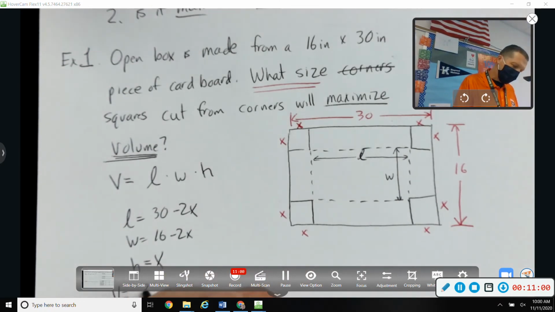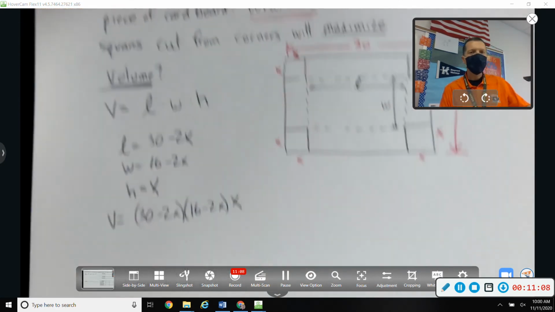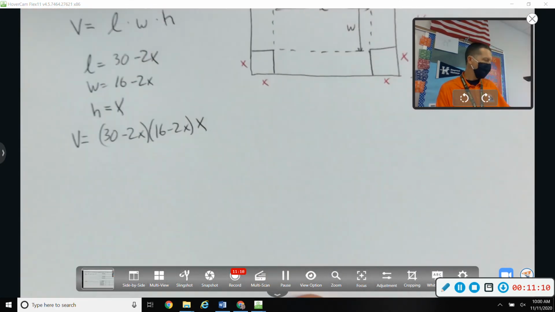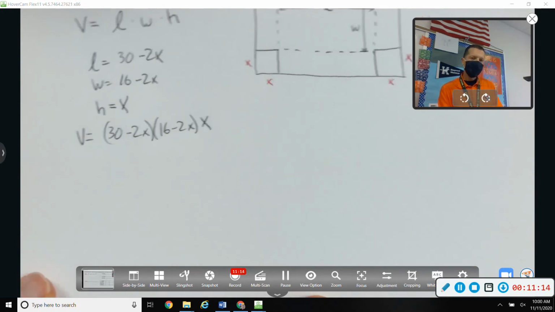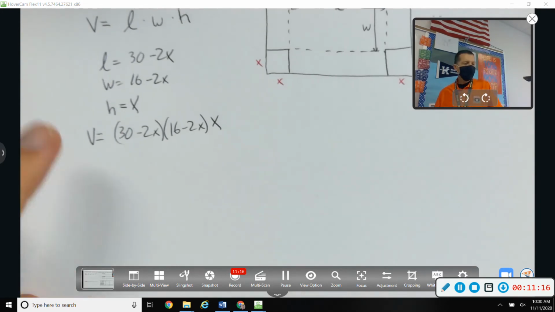So my volume is 30 minus 2x times 16 minus 2x times x. Put that where you can see. That's what I want to maximize.